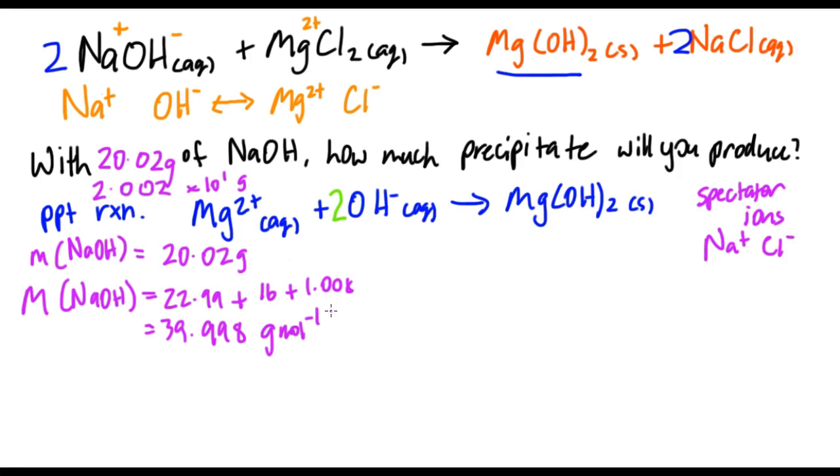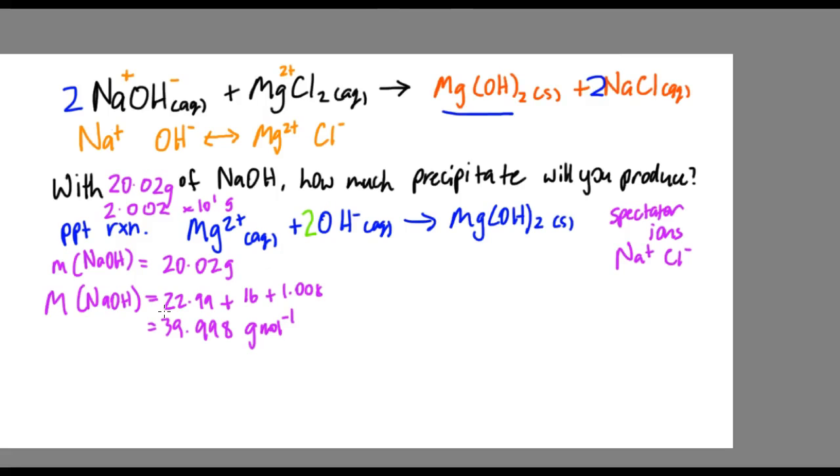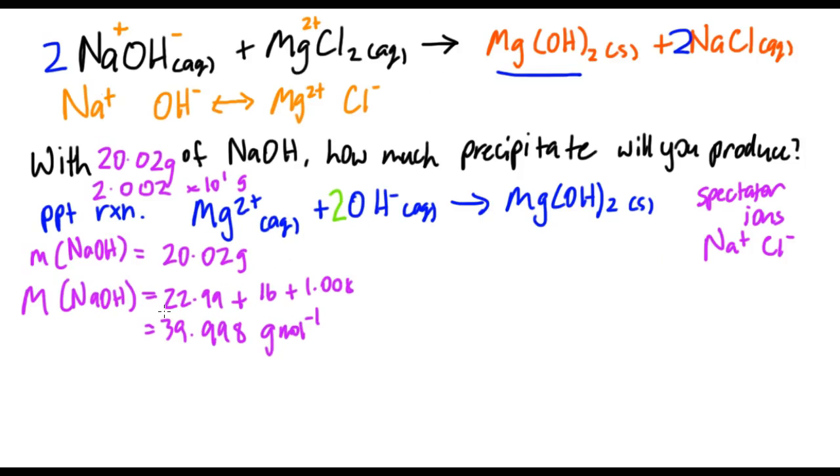So for every mole of sodium hydroxide, it weighs 39.998 grams. Okay, now that we know the molar mass, we need to find out a third property, which is the number of moles of our sodium hydroxide.